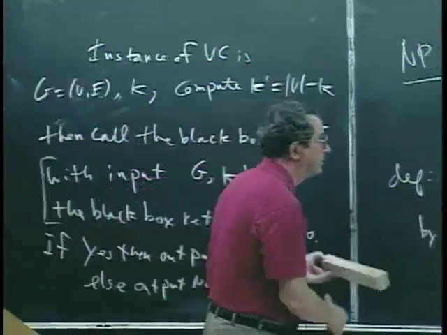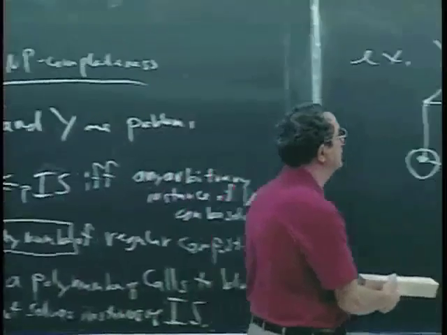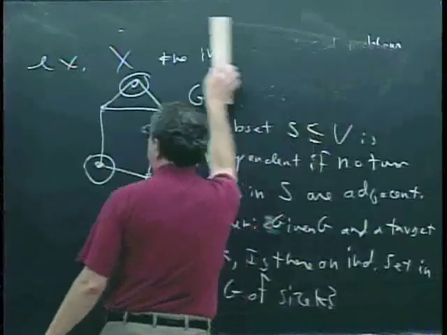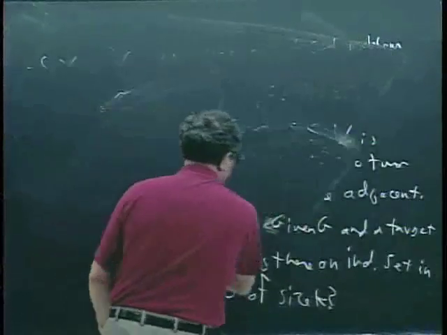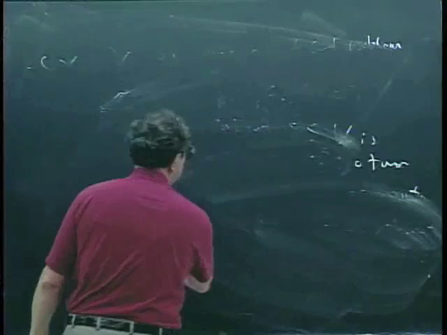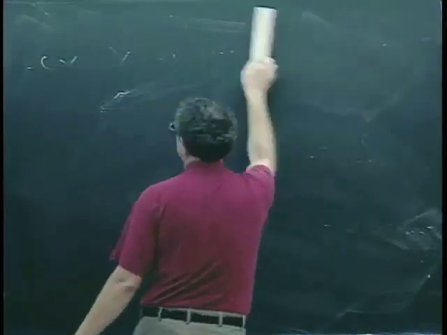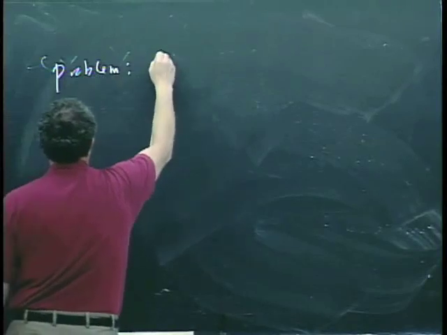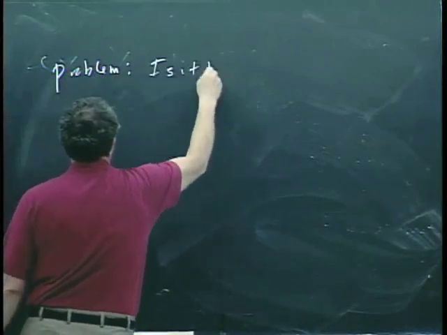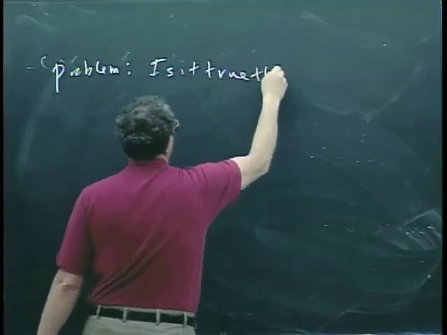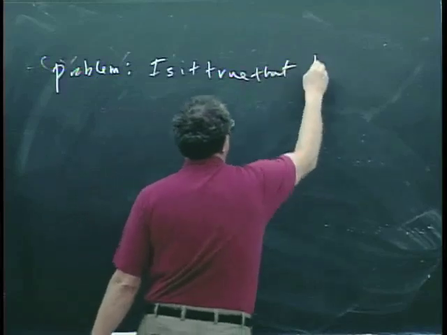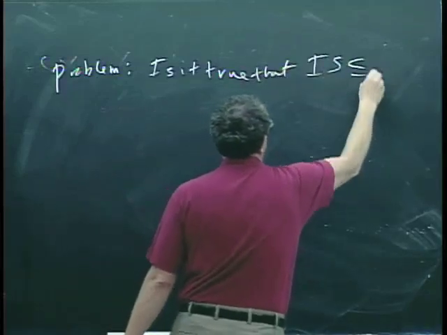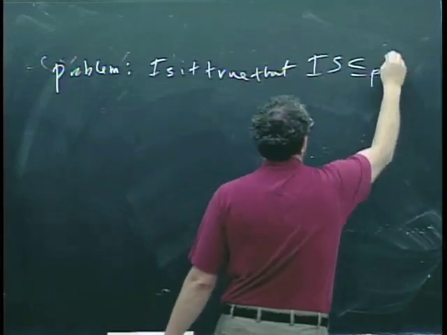Now let me ask the following. Problem, is it true that independent set reduces in polynomial time to vertex cover?